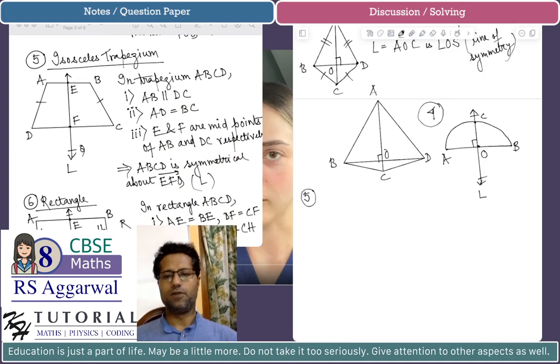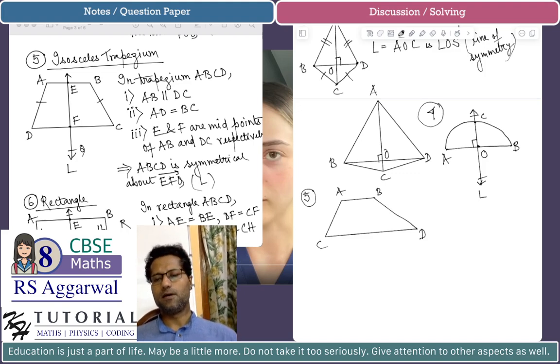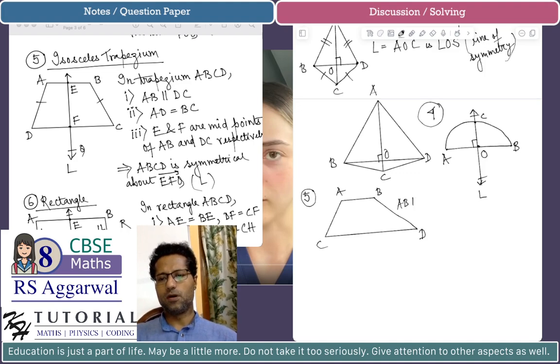What is a trapezium? A trapezium is a quadrilateral, a polygon having 4 sides, such that two sides are parallel to each other, and they may not be equal. Let's say this is side AB and this is side CD, and now if you join A and C, and B and D, ABDC is a trapezium, where AB is parallel to CD.